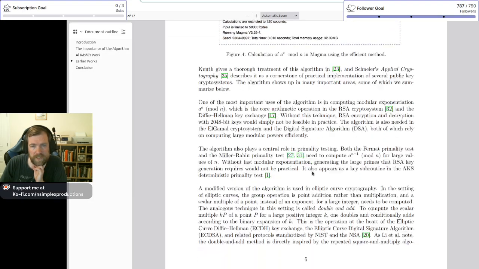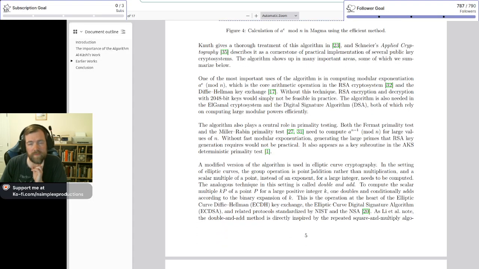Knuth gives a thorough treatment of this algorithm, and Schneier's Applied Cryptography describes it as a cornerstone of practical implementation of several public key cryptosystems. The algorithm shows up in many important areas, some of which we summarize below.